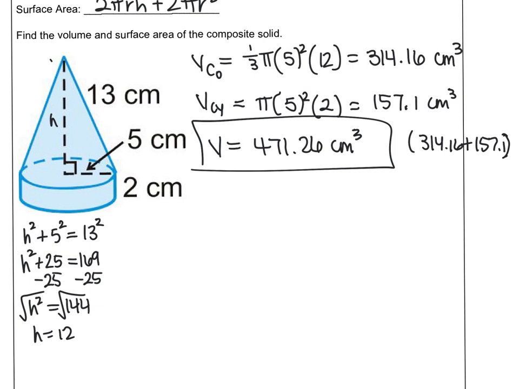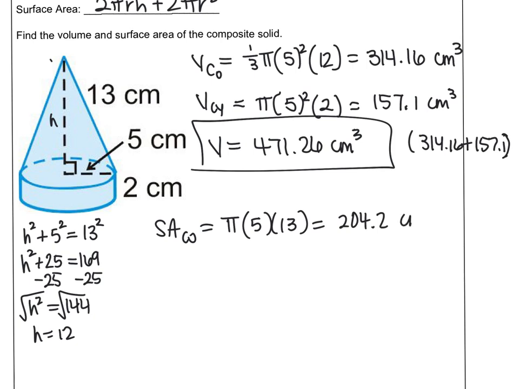So for the surface area of our cone, that means not including the pi r squared, since that accounts for the area of the circular base. So we just want to use pi r L. So pi times 5 times 13.